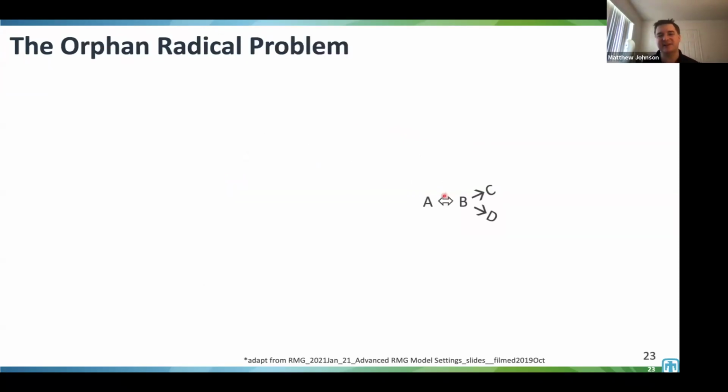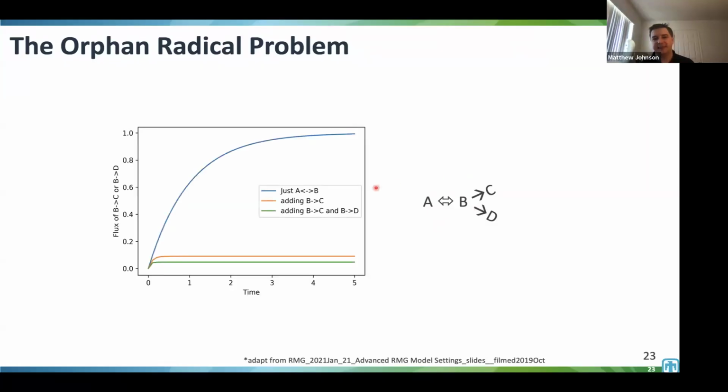Another, more realistic problem is, suppose we're running RMG and we have species A and species B in the core here. When we simulate this system, if we just have A and B in the core, this blue line is the edge flux of B to C or B to D, assuming these two have the exact same rate coefficient, which reaches about 1 at time 5.